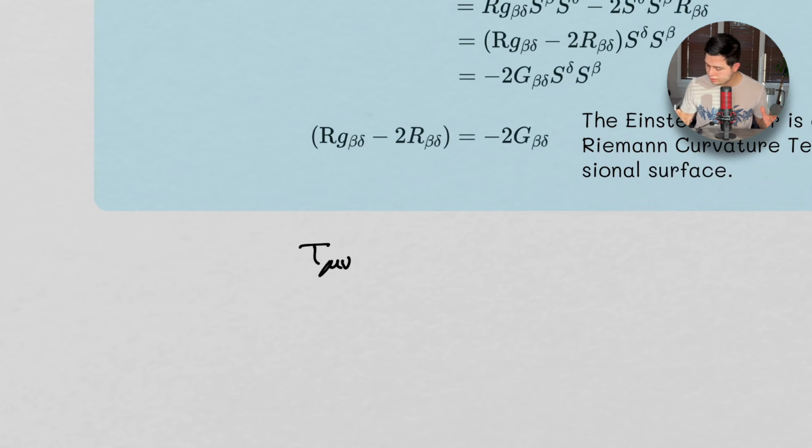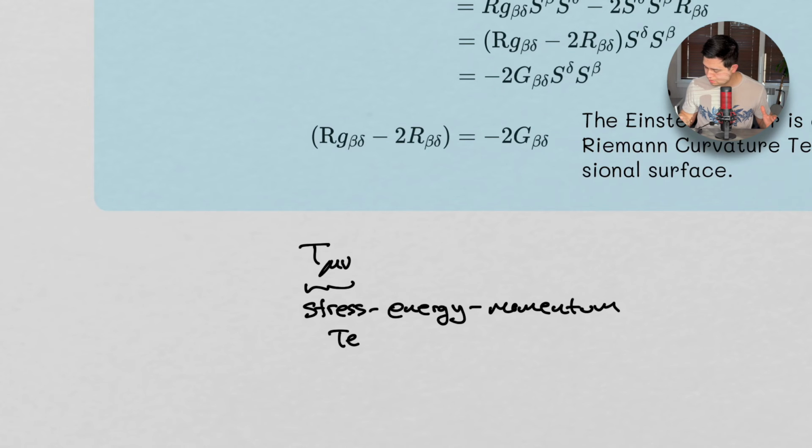This is the stress energy momentum tensor. The hypothesis that Einstein had was that this is equal to some other tensor that has to do with curvature, G mu nu. This is 2 indices, so the other thing has to be 2 indices.